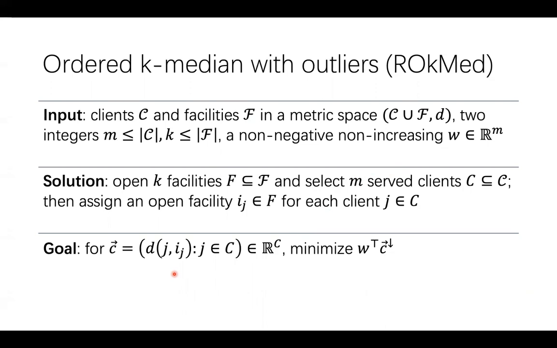And for this vector C, the ultimate goal of this optimization problem is to minimize w transposed times C down arrow. C down arrow here means that we sort the entries of C in non-increasing order as well. So here both w and C down arrow are non-increasing.